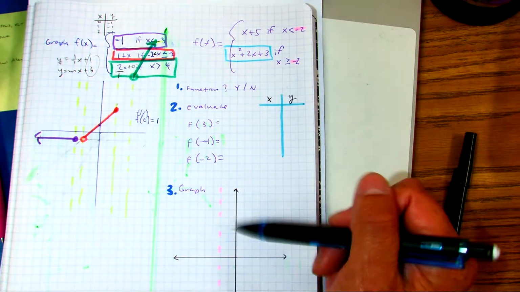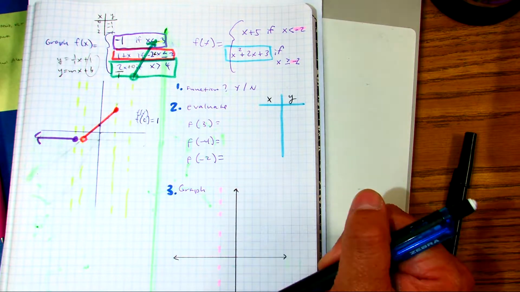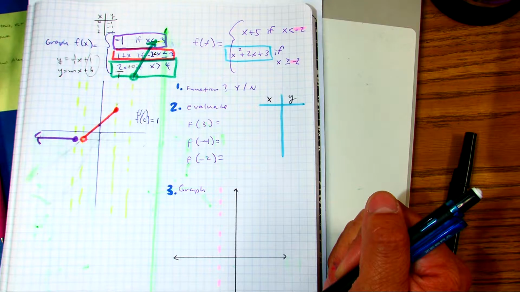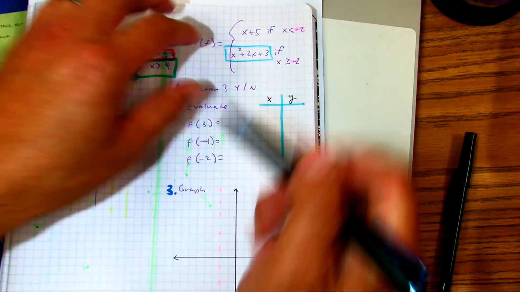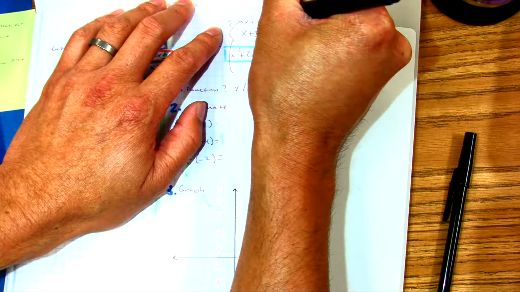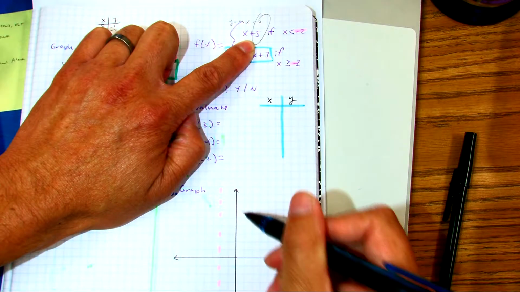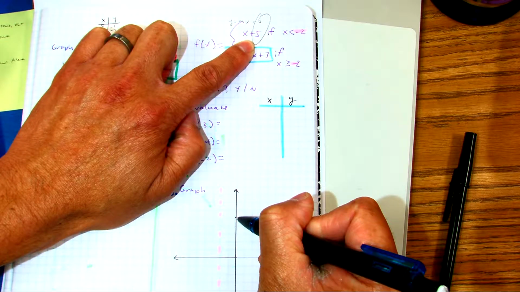Y-axis at what number? So remember, in slope-intercept form, what does the B represent? So our y-intercept is 5.